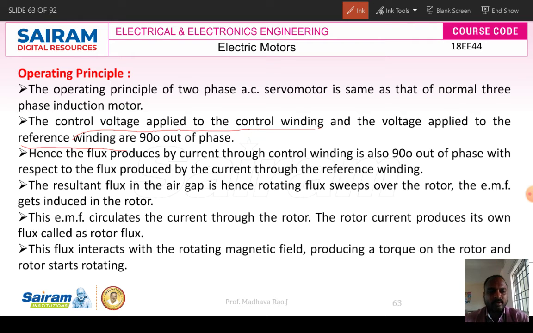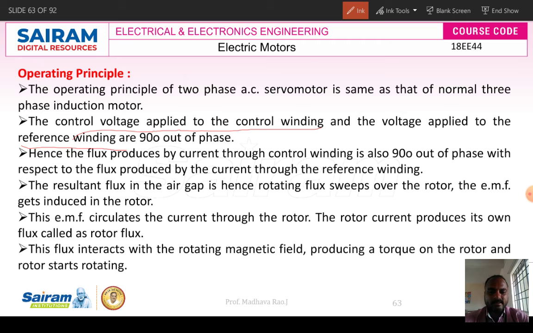So, the phase difference between the control winding flux and the main winding flux will be equal to 90 degrees.